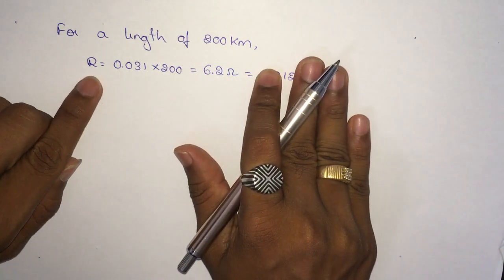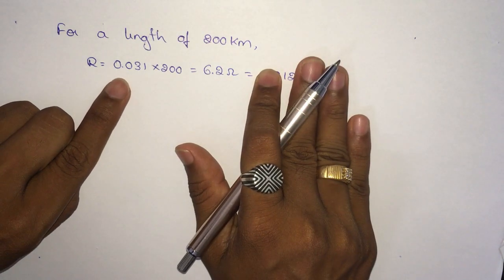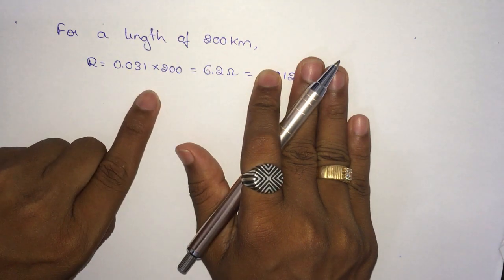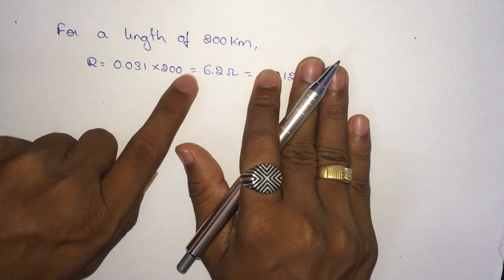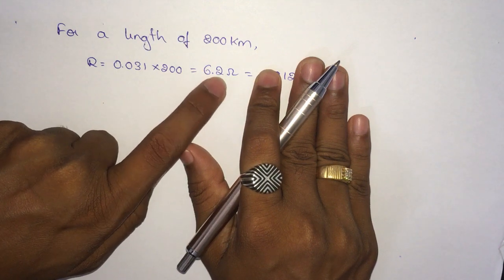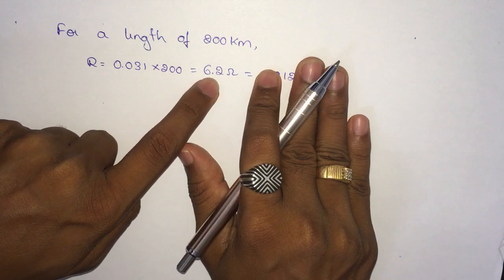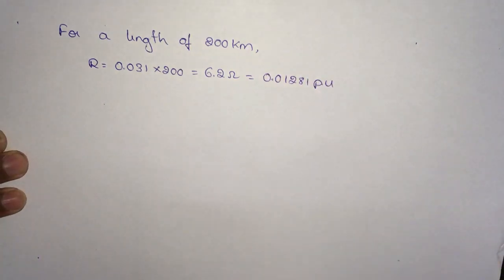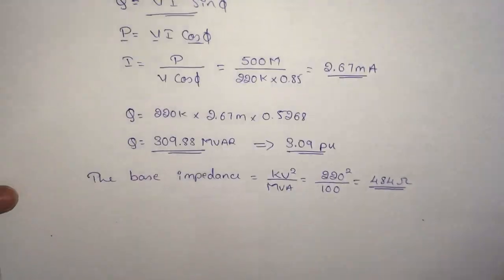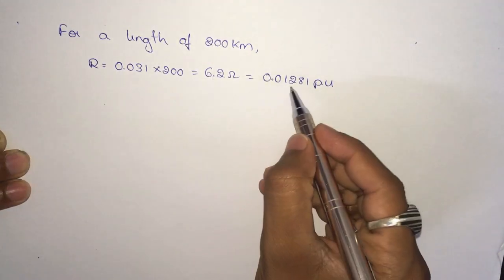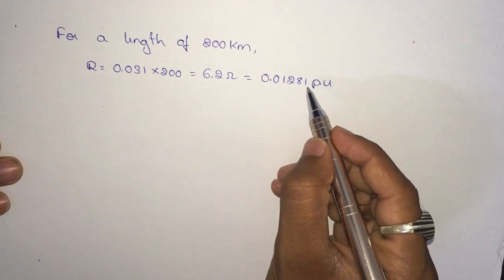R per kilometer is 0.031 multiplied by the whole length 200 kilometer, leading to 6.2 ohm. This is our actual resistance for 200 kilometer. Now we are going to divide 6.2 by the base impedance 484.